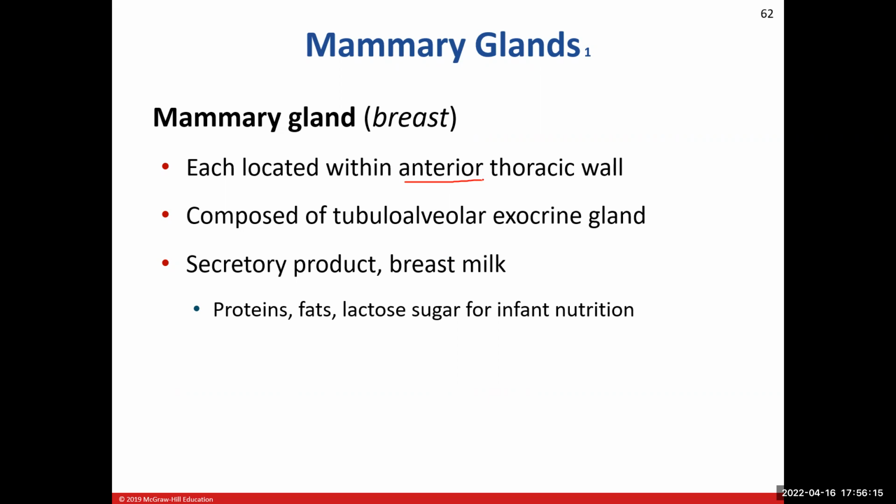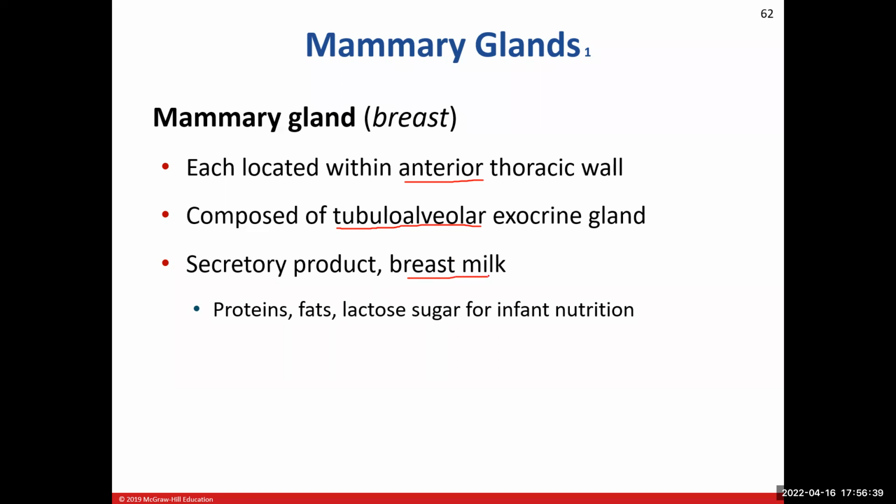They have a duct. The actual anatomical makeup of these glands, we call tubulo-alveolar, which means parts of those glands are tube-like, but you'll see a swelling there also. And so their job is to produce breast milk.